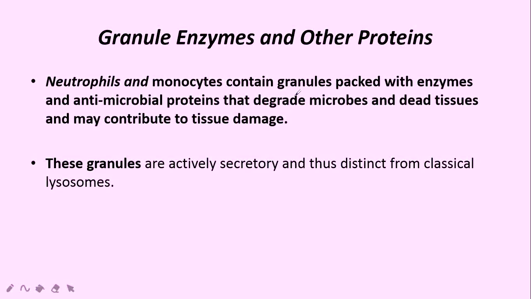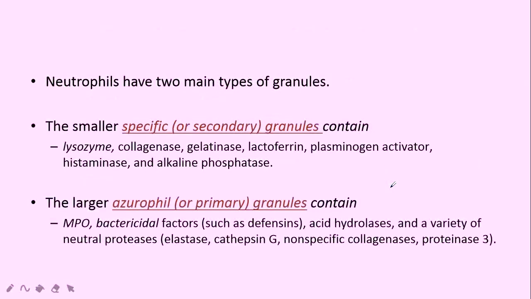The neutrophils and monocytes also contain granules which are packed with enzymes, and they are actively secretory. In this way they are different from the lysosomes, which contain the preformed enzymes.